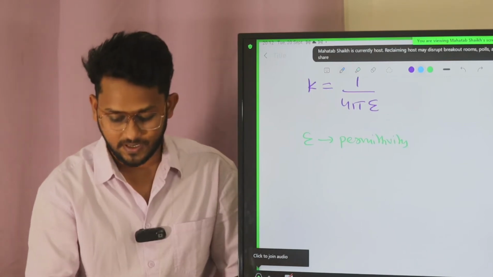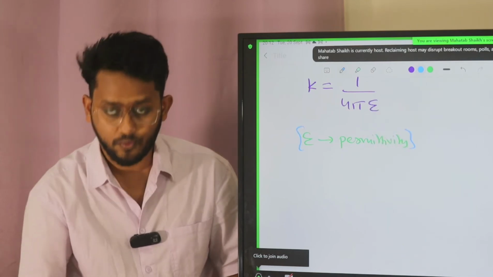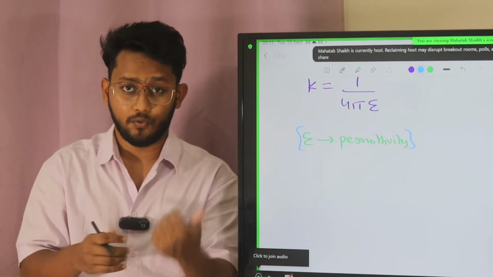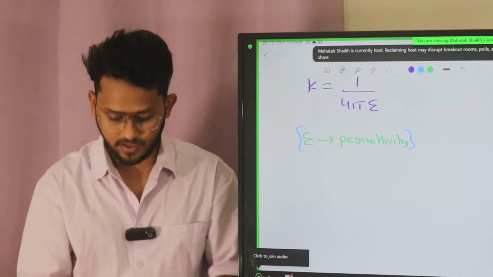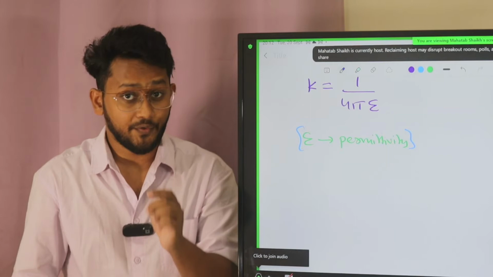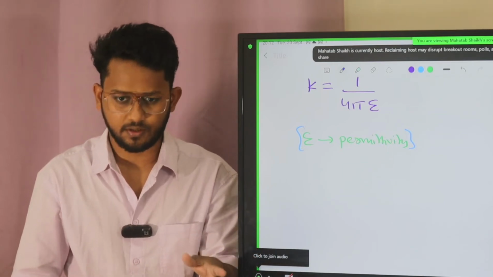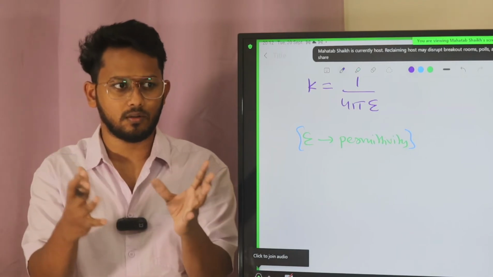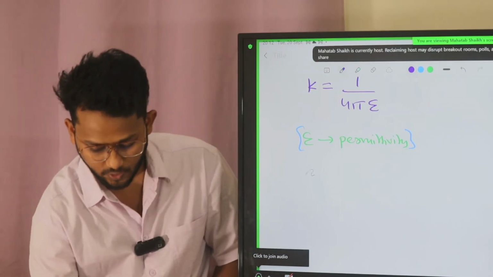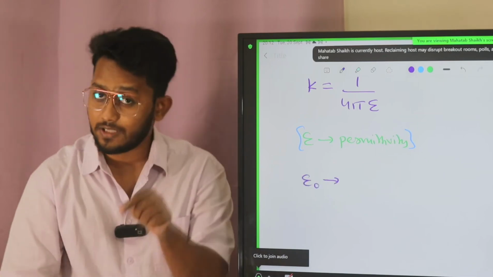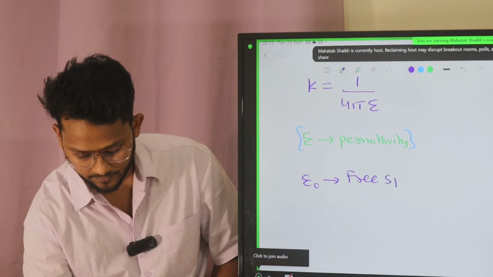The name permittivity tells you how favorable the medium will be for the charges to get attracted or repelled, right? But when we talk about permittivity in free space, which is vacuum, where there are no molecules or atoms in between, that's called epsilon naught. This is called the permittivity of free space.